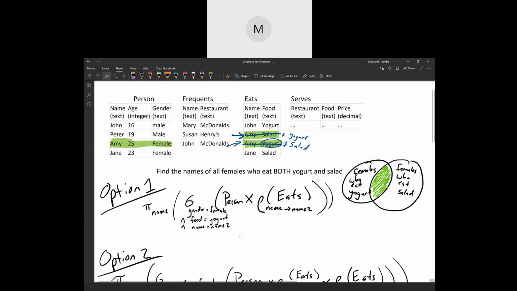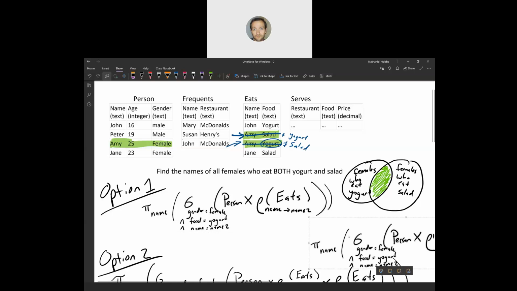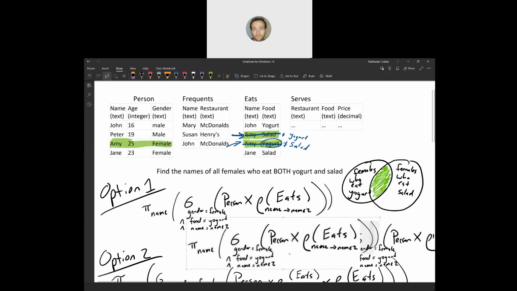Yep. Oh. Why can't I copy that? So I just want to copy it because, as you say, it's almost the identical query. Copy. There we go. Okay.